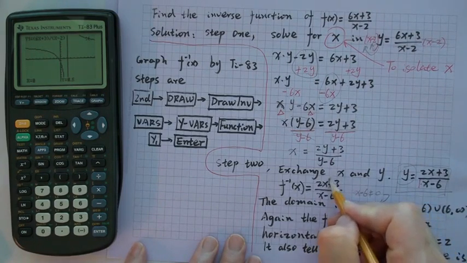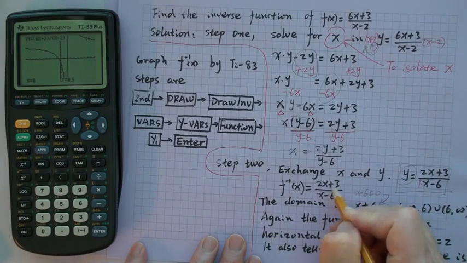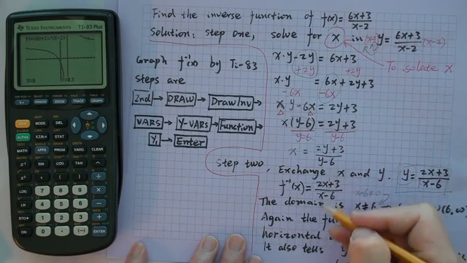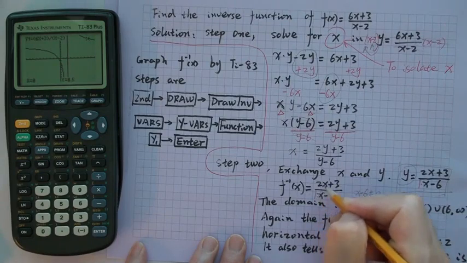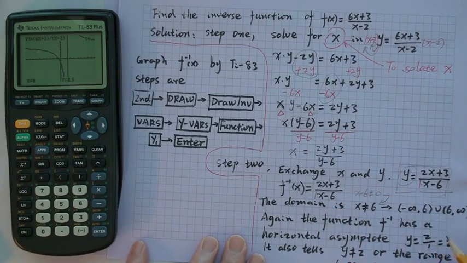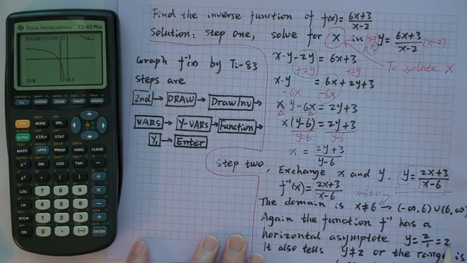Because the degrees of both numerator and denominator are 1, the ratio of the leading coefficients will be the horizontal asymptote. So y equals 2 over 1, which is 2. The horizontal asymptote is y equals 2.